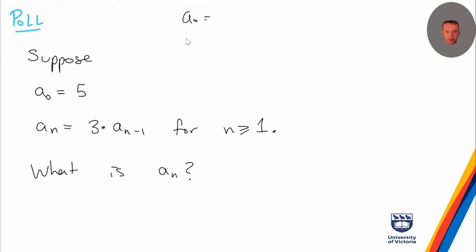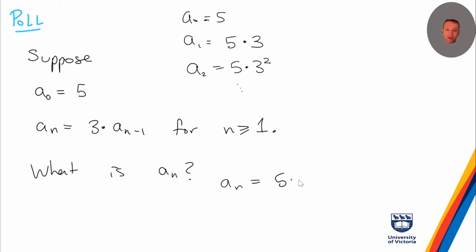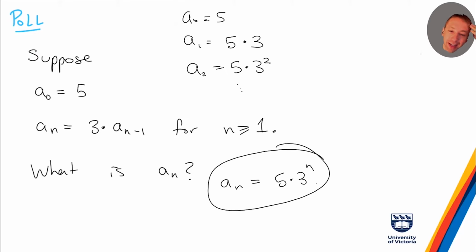Sorry, the previous one times 3. a_2 is the previous thing times 3, so 5 times 3 times 3, which is 5 times 3 squared. And we can see the pattern that a_n is 5 times 3 to the n. These are the easiest types of recurrence relations you're going to see, and we're going to build up methods for doing more complicated things.